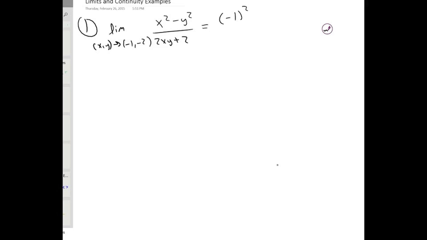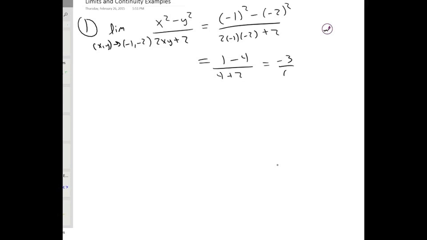We get (-1 squared minus -2 squared) over (2 times -1 times -2 plus 2). This is just (1 minus 4) over (4 plus 2), which is -3 over 6, which is -1/2. So if plugging it in works, then that's your limit.